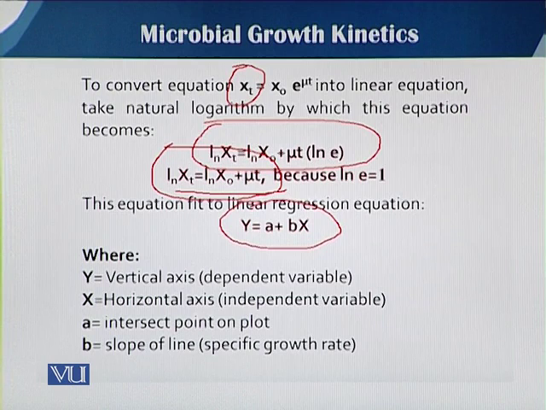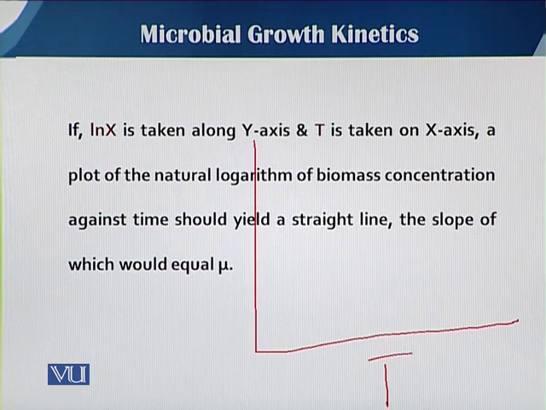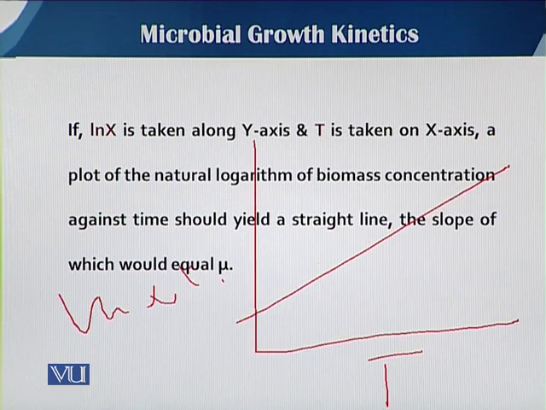A is the intercept and b is the slope of the graph. So if ln x is taken along the y-axis and time t on the x-axis, and we plot between t and ln xt, there is a straight line. So intercept will be a and the slope of this will be b.